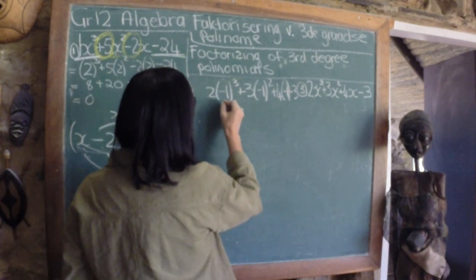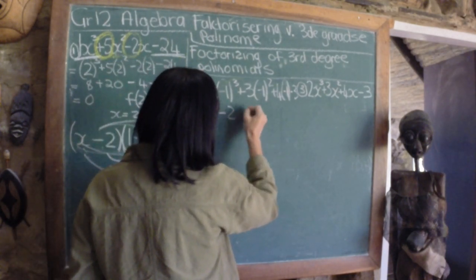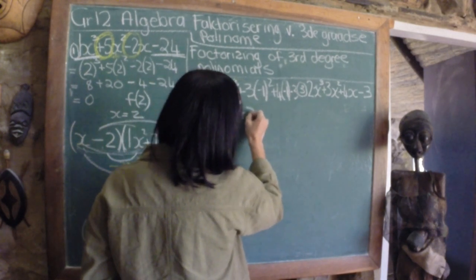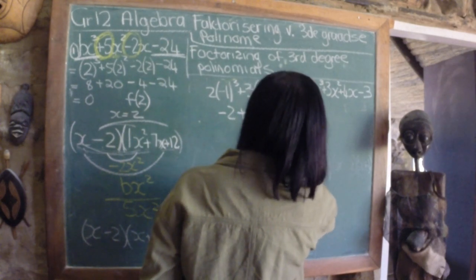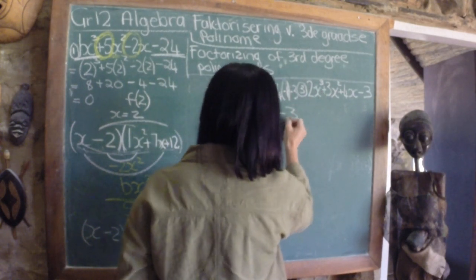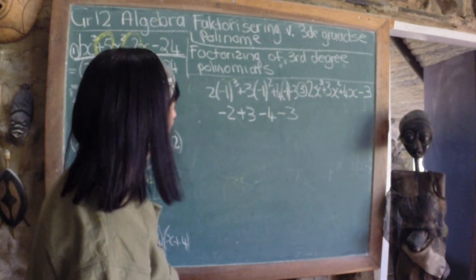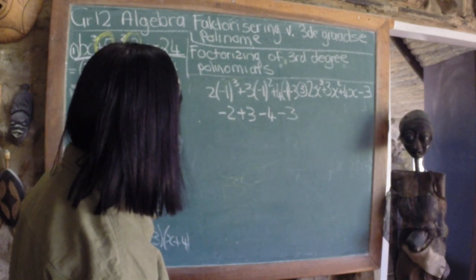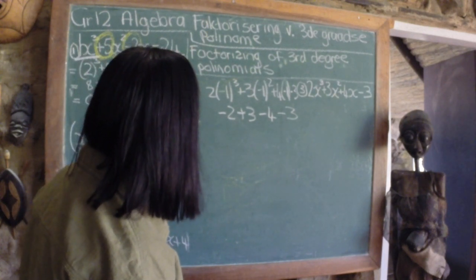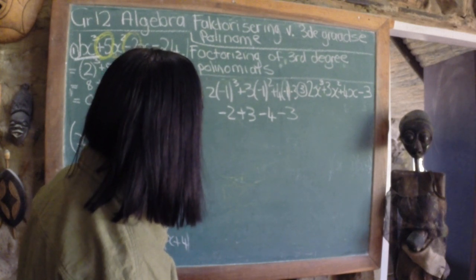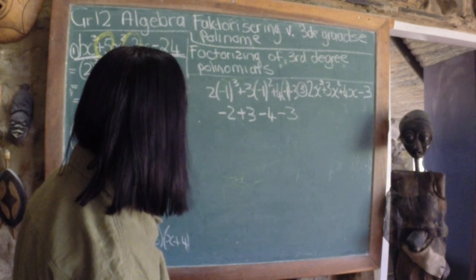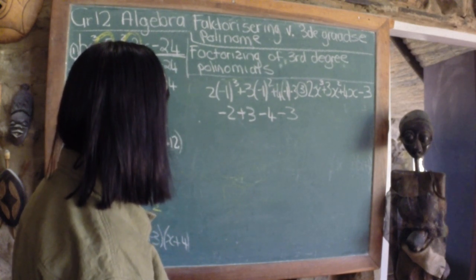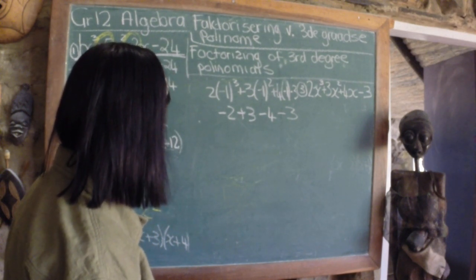Ek het minus 2 plus 3 minus 4 minus 3. That's going to give me, nope, let's just make sure, minus 4 minus 3 plus 3 minus 2. No, it's not going to give me.